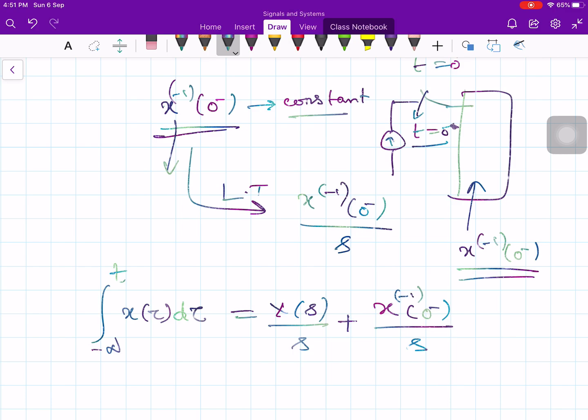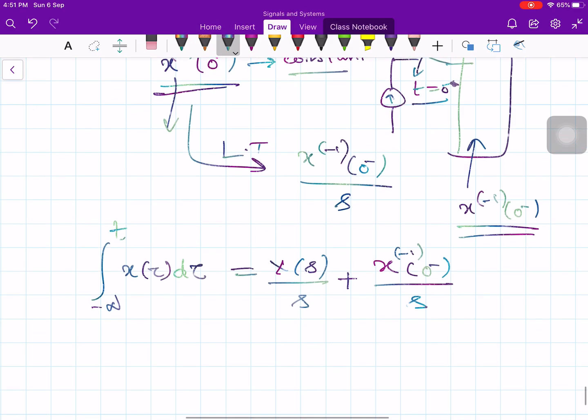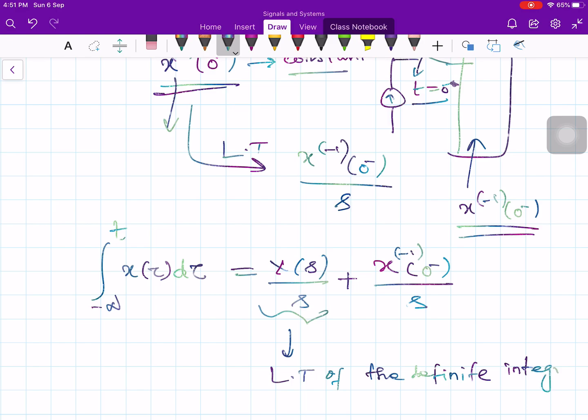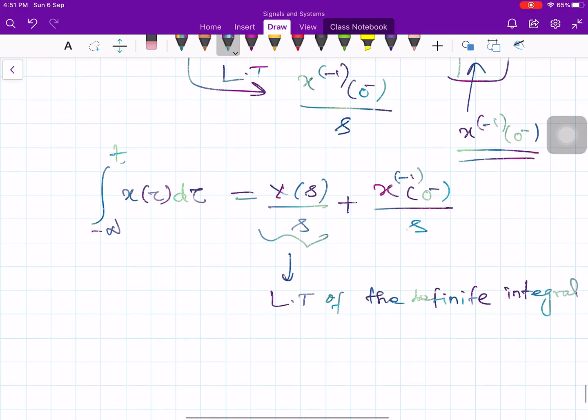On the other hand, if you want to take the Laplace transform of the definite integral from 0 minus to t of x of tau d tau, this becomes x of s by s.